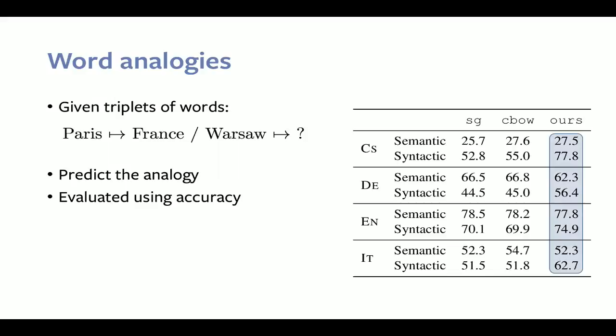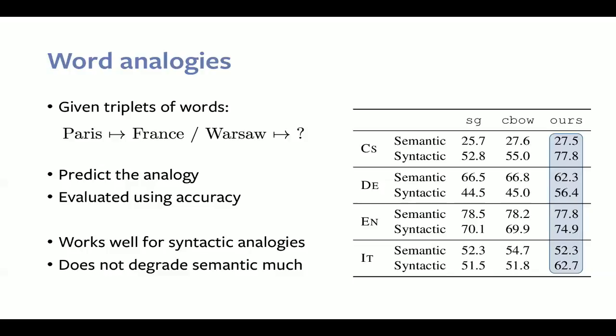The interesting observation is that our embeddings work very well for syntactic analogies, especially for languages where there is declension, like German and Czech. Well, you lose just a bit on the semantic analogies for all languages, but not that much.